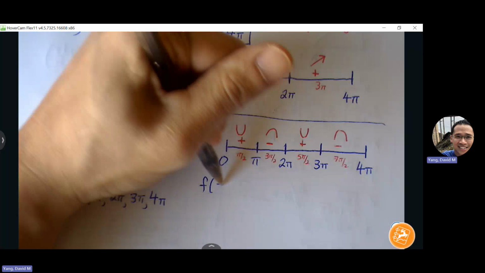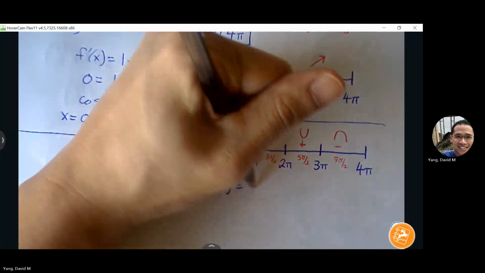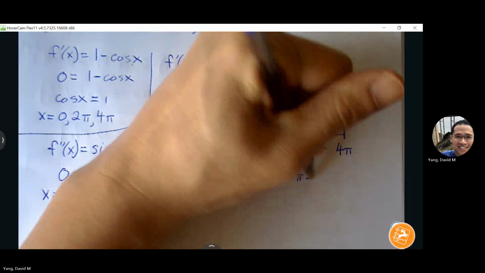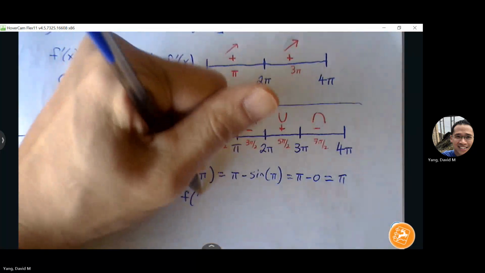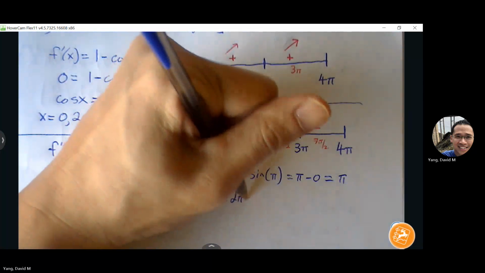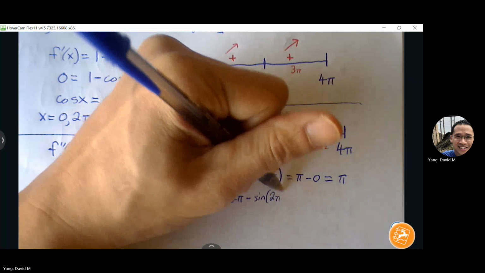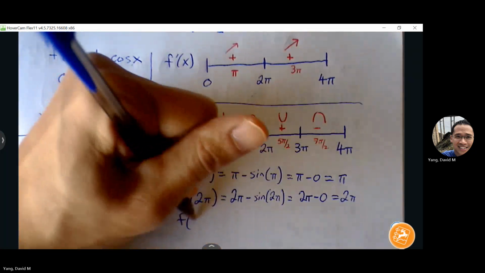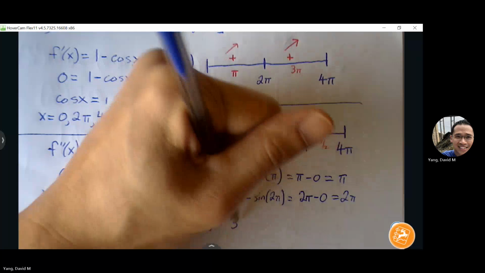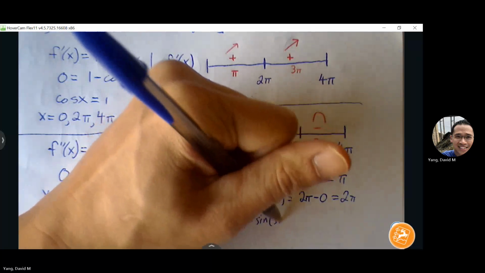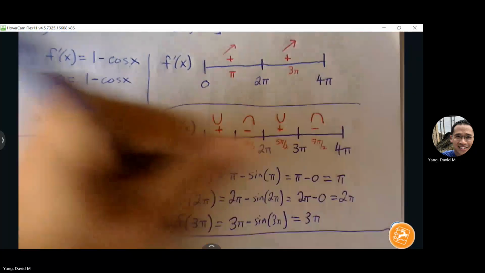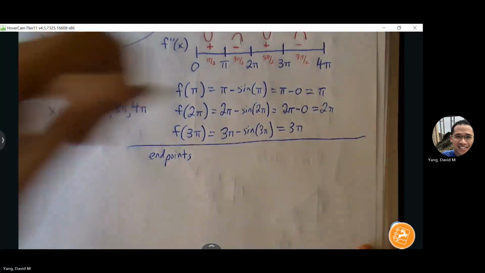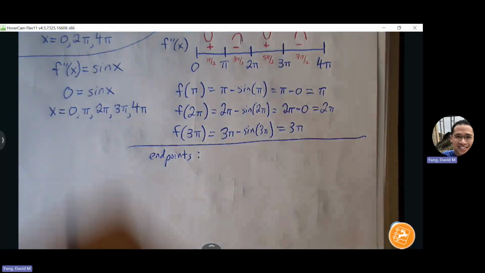You can find those points by inserting back into the original function. Let's also plot our ordered pair for endpoints.